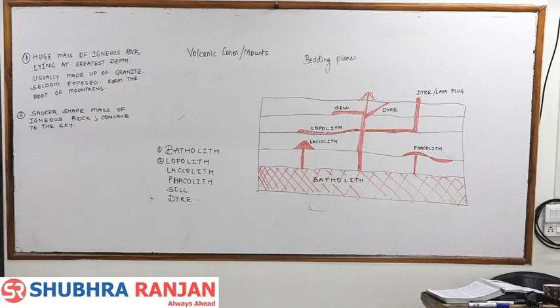Why are they intrusive? Because they are not made up of basalt. It is not basic, it is acidic, and therefore it cools or solidifies quickly. It is viscous, and therefore it cannot escape.